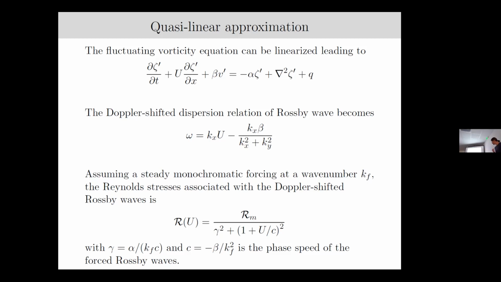So we have a resonant kind of behavior, and it's quite obvious what it is. Waves are propagating with a given phase speed. If this phase speed is opposite to the mean flow, then you expect the wave to be steady. If they are steady, they are sitting on a steady forcing, it becomes resonant, and it leads to divergence in the Reynolds stress. Okay, so you get a simple linear resonance of Rossby wave advected by your mean flow.